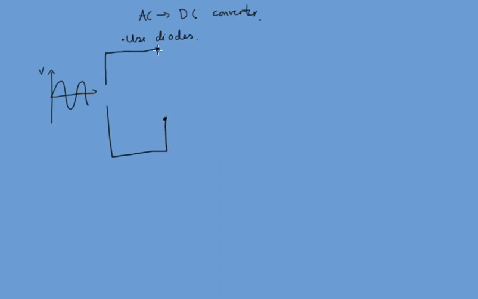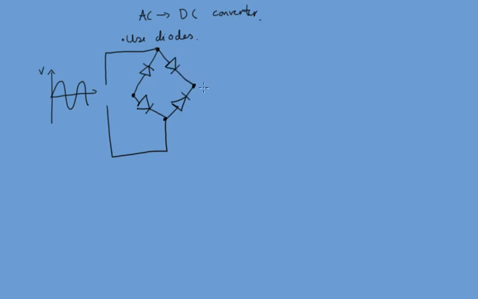And in this circuit you've got a setup of diodes. Now diodes are devices that only allow electricity to pass through them in one direction.